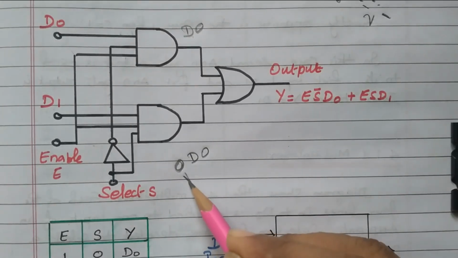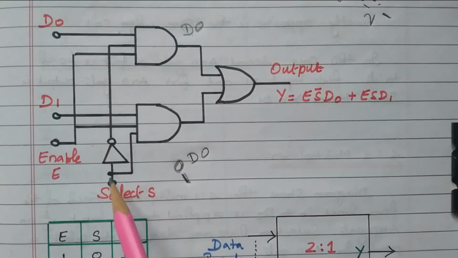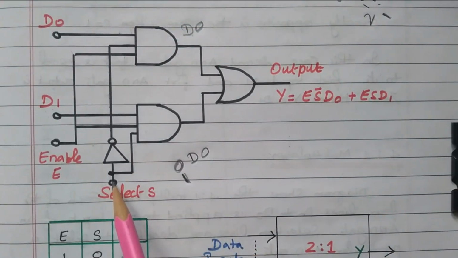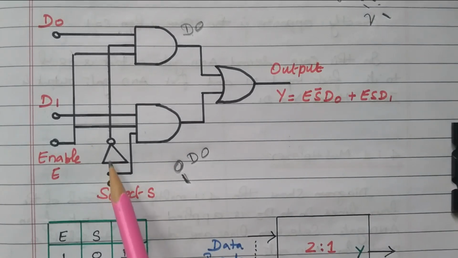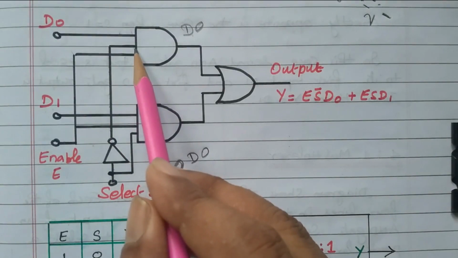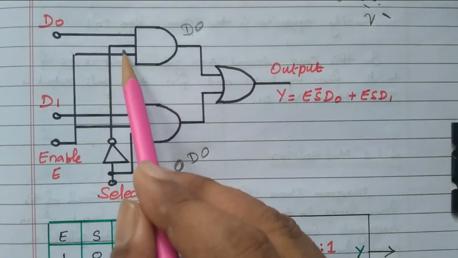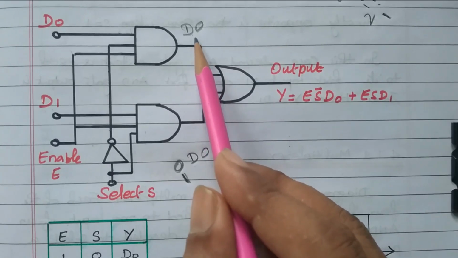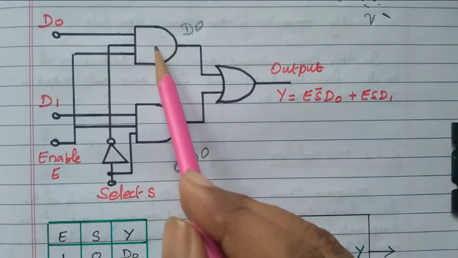If the selection line is 1, what will happen? This 1 is directly given to the second AND gate. The same 1 is changed into 0 by the NOT gate, and the 0 is given to the first AND gate. If any one input is 0, the output of the AND gate is 0 only. So this AND gate will produce 0.